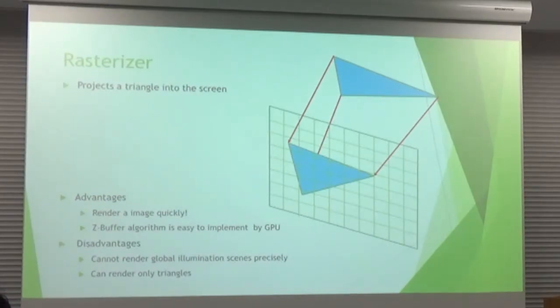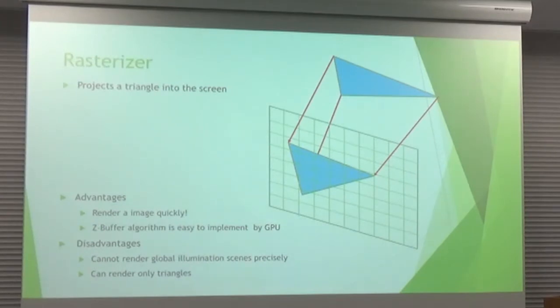Roughly speaking, a rasterizer projects triangles onto the screen. The advantage of this algorithm is that it renders images much faster than a ray tracer algorithm, and usually the Z-buffer algorithm is easy to implement on a GPU.